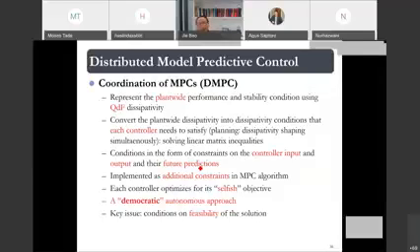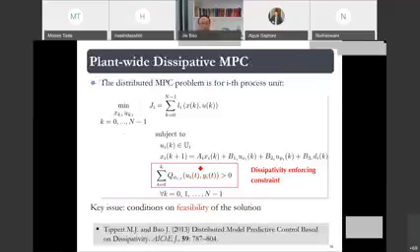The key issue is, of course, the conditions on the feasibility of the solution, because you can always add some constraints to ensure plan-wide stability. The question is whether it is feasible. So for each controller, we can have the MPC represented in this way. The cost function and the models are the same, the only difference is the model is now a two-port system.